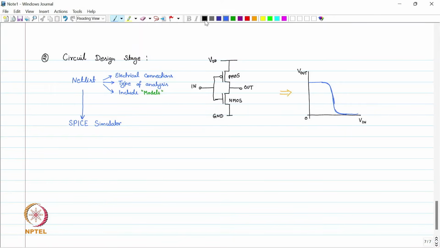So once we make this circuit and we are happy with the performance, then we make something called a layout, and layout is nothing but the geometrical representation of the device. So we can roughly draw a layout for an inverter.